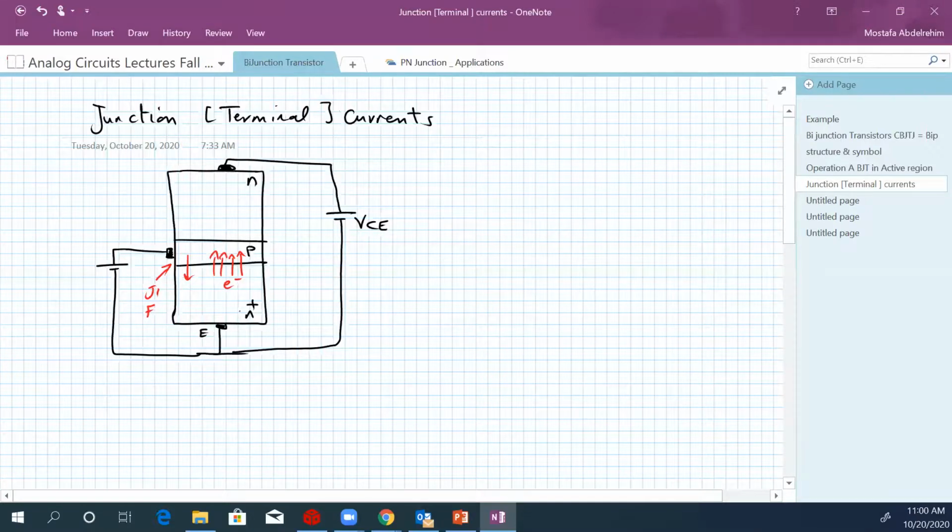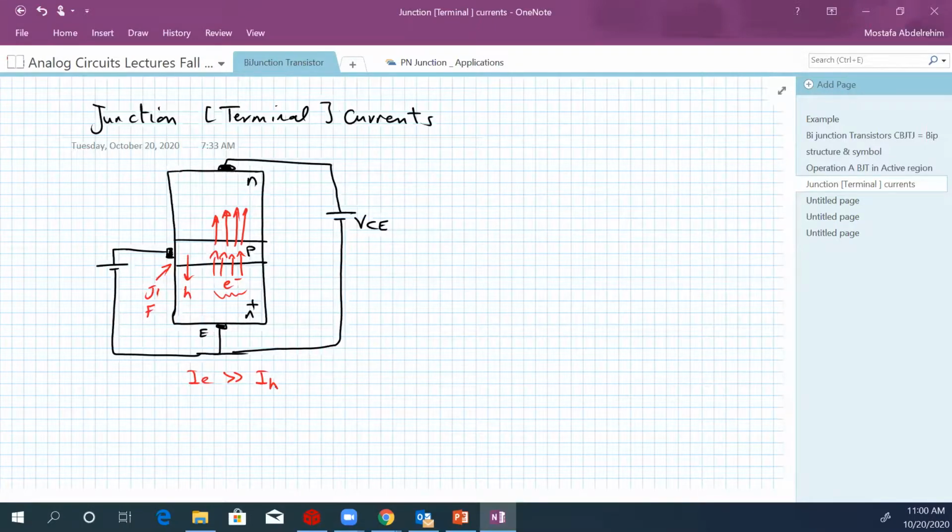That's why they call it emitter. And this collector current completes its way to the collector. So the collector will collect these electrons. Okay, and we said that IE is much larger than IH.